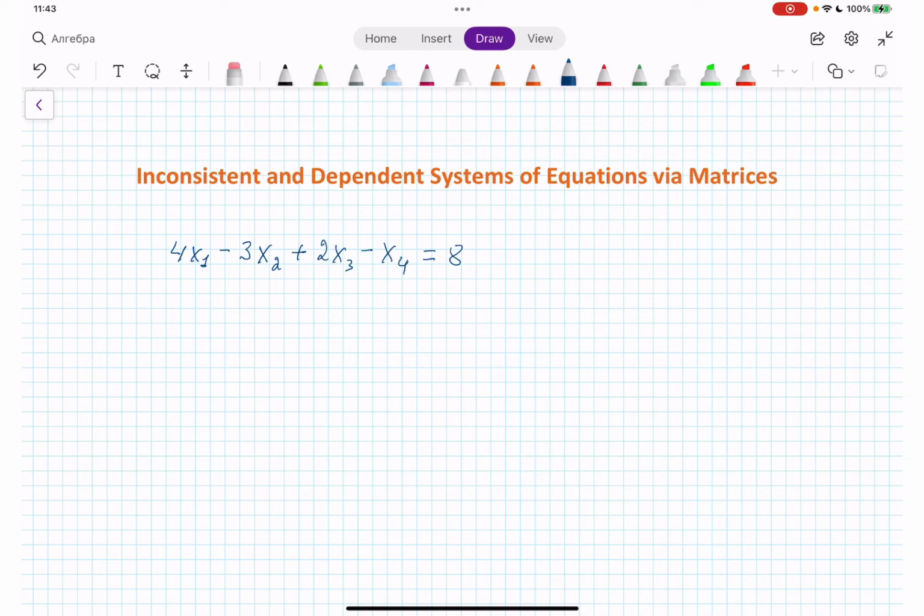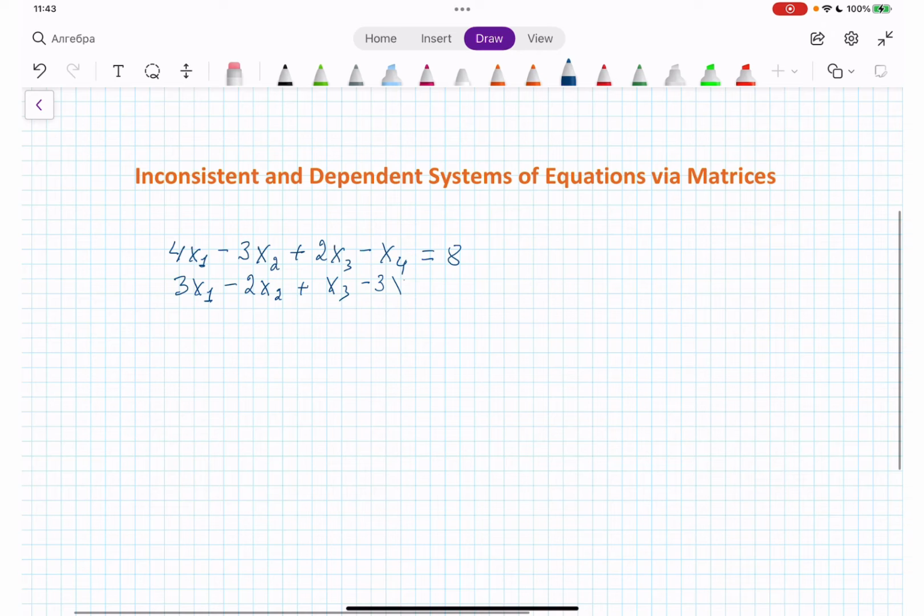Next, we have 3x1 minus 2x2 plus x3 minus 3x4 equals 7. And lastly, we have 5x1 minus 3x2 plus x3 minus 8x4 equals 1.